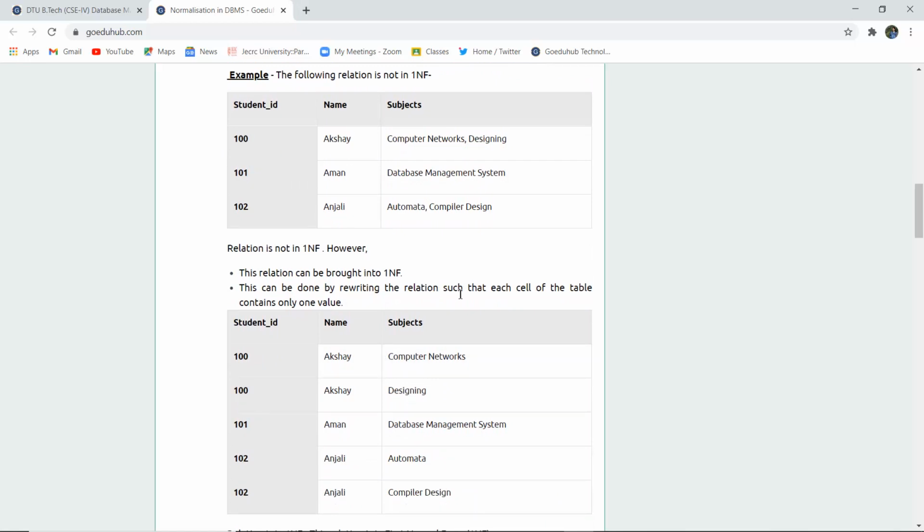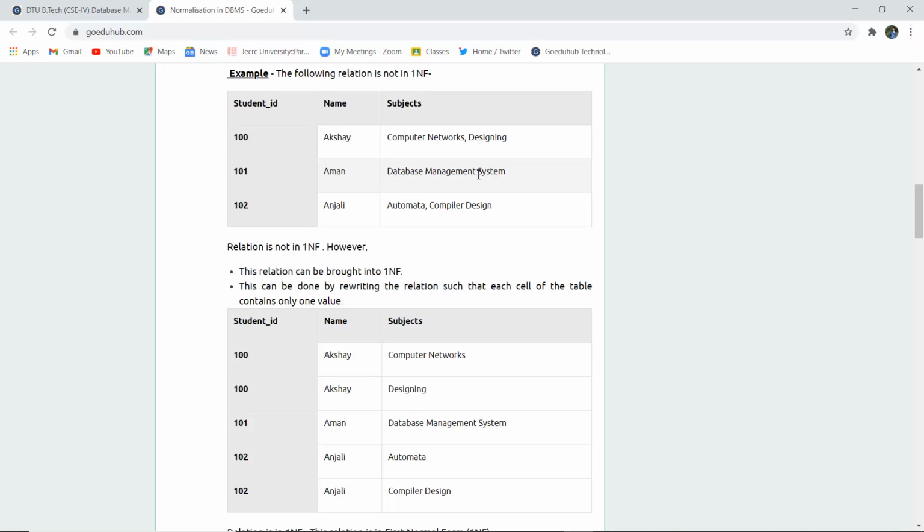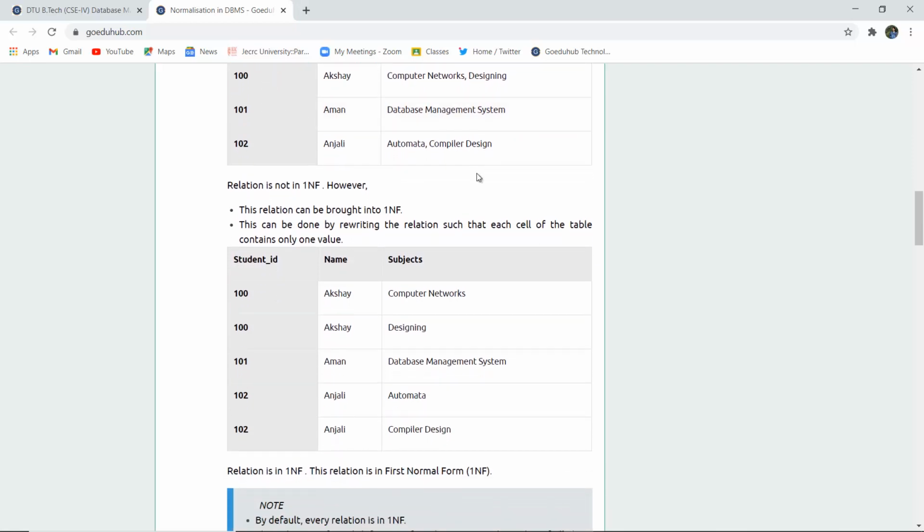This can be done by rewriting the relation such that each cell of the table contains only one value. If I repeat the record of Akshay, then I can say 100 Akshay computer networks. Similarly, for ID 100 Akshay designing. Similarly, we can say ID 101 for Aman database management system, which is already in 1NF form.